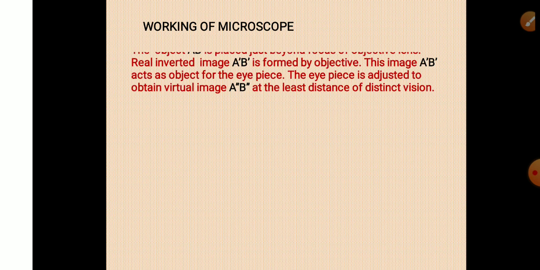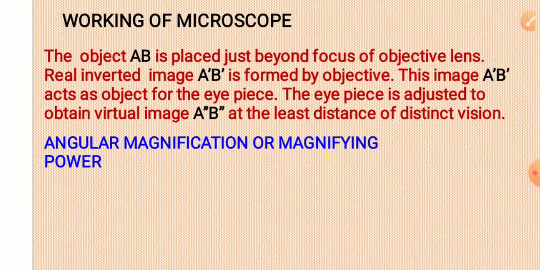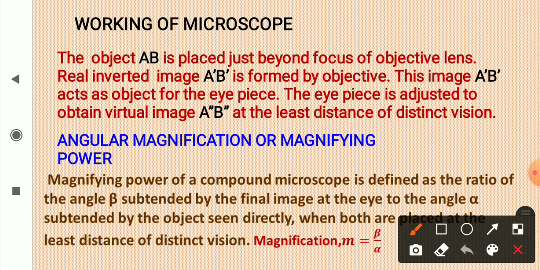Okay, so now let us come to its magnification. Working first. I have already discussed the working, but this working is asked in examination also, so let's do it. The object AB is placed just beyond the focus of the objective lens. A real inverted image A dash B dash is formed by the objective.